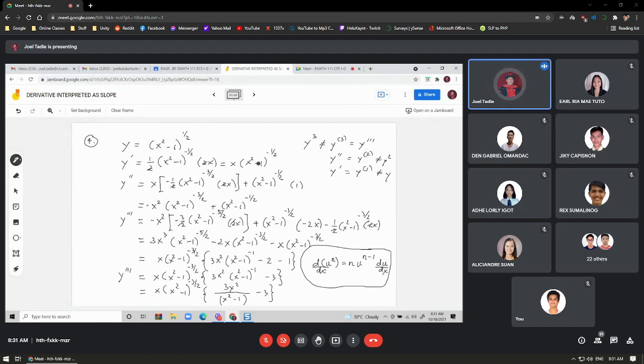So, using power formula, again, we have this negative 1 half times quantity x squared minus 1 raised to the power negative 3 halves. Negative 1 half minus 1 is negative 3 halves. Then multiplied by the derivative of x squared minus 1, our u.